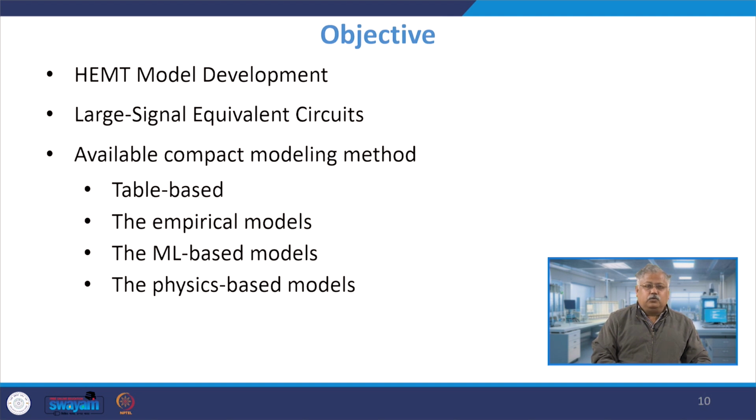Now, let me come to HEMT models, the large signal model and small signal model, and look into the various modeling parameters which people use nowadays as far as gallium nitride based HEMTs are concerned. We know that we need to have an accurate and reliable device model.